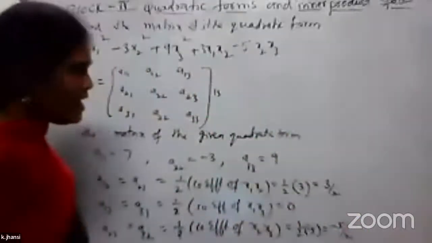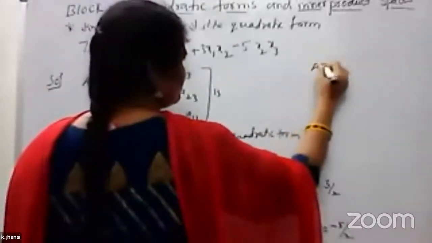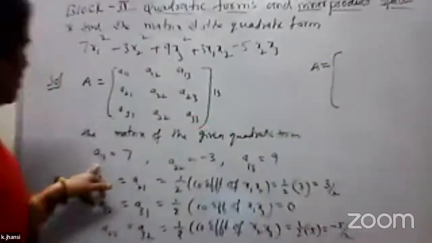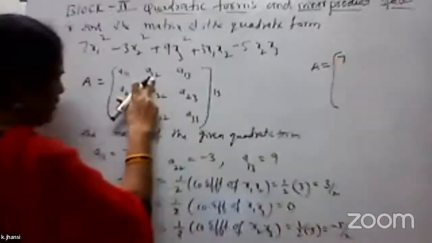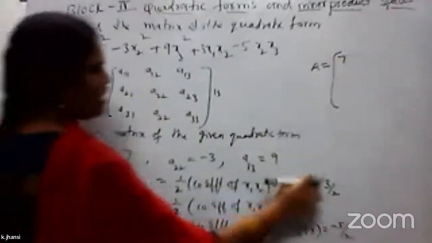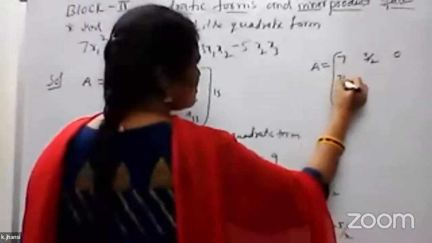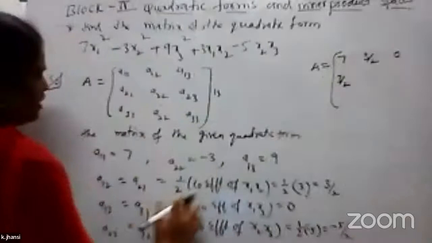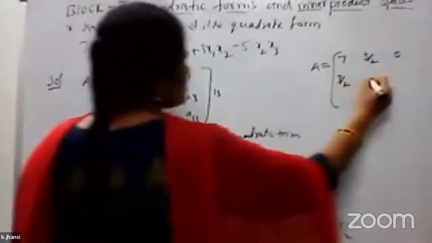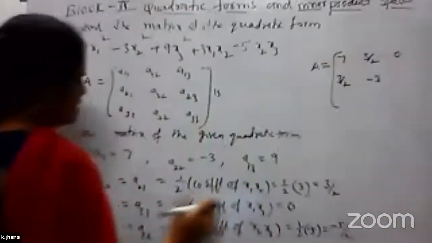You will get A equals, so what is the A11 value? 7. Next, A12 value is 3 by 2. Next, A13 value we are not having, so it is 0. Next, A21 value is also 3 by 2. A22 is minus 3.